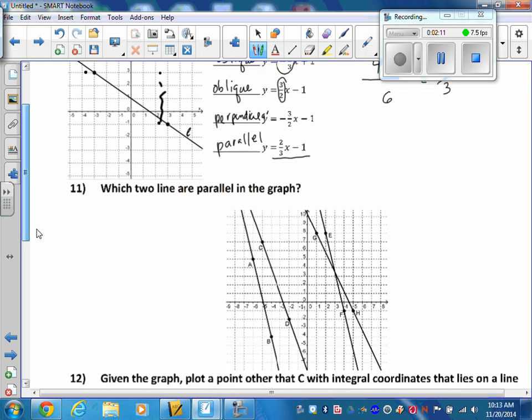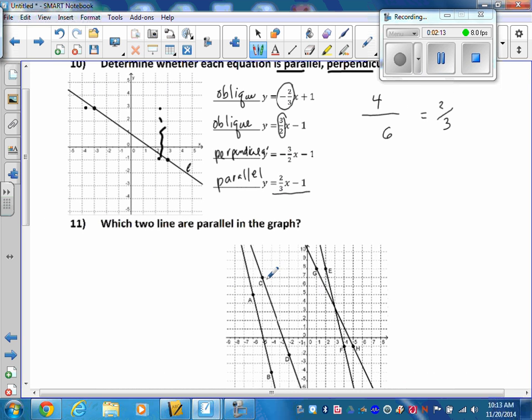So now we're going to take a look and see which lines are parallel here. So in order to do that, I'm going to count these slopes and see which 2 line segments have the same slope. You see that we have indicated here a point here and a point here.